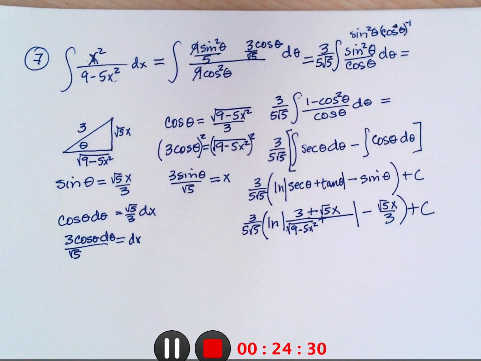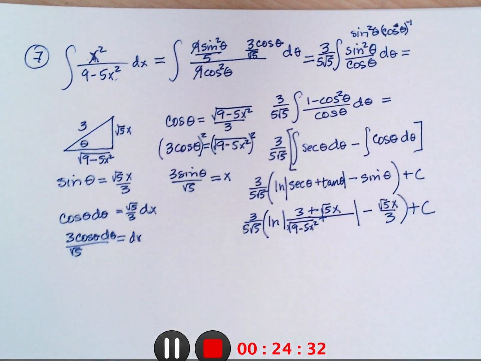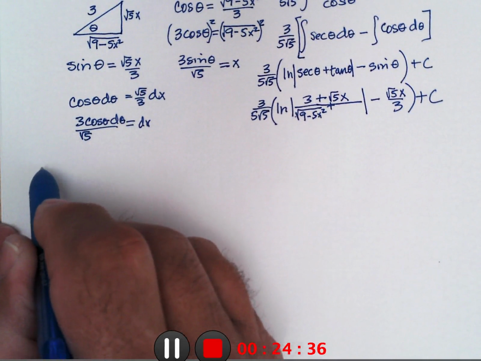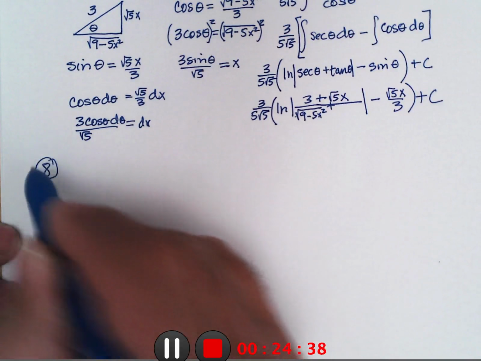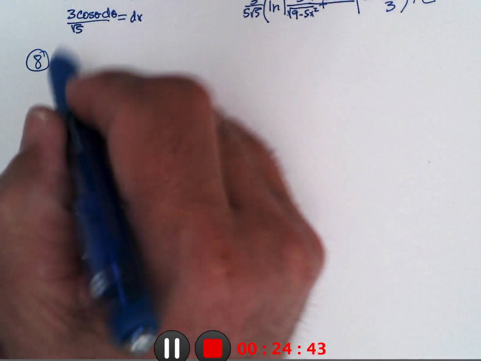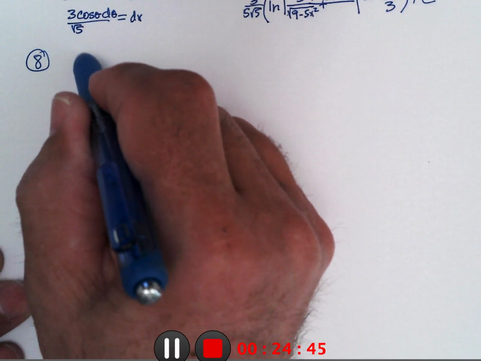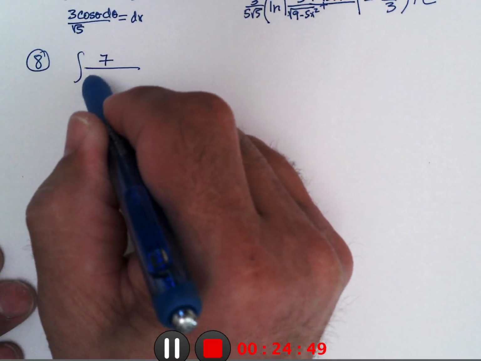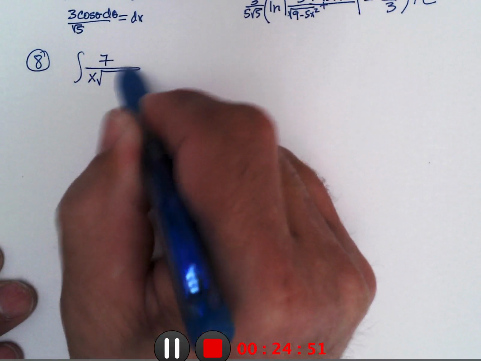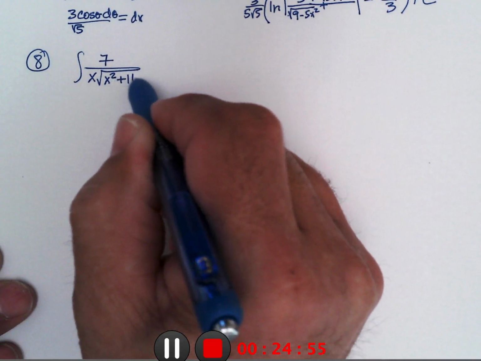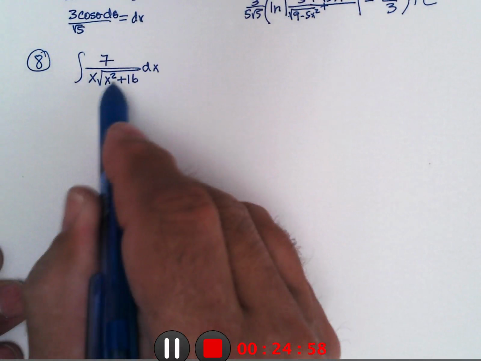That was 7. Hopefully 8's not as messy, but we will soon find out. That was the antiderivative of 7 over x square root of x squared plus 16. This is a plus square root.